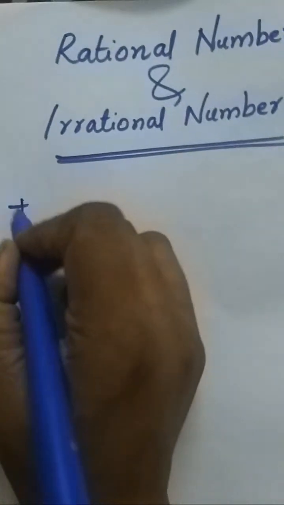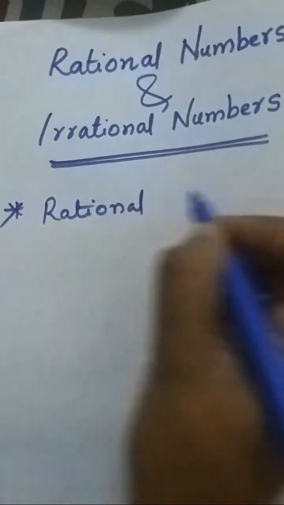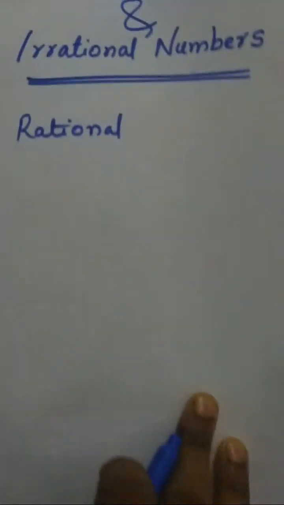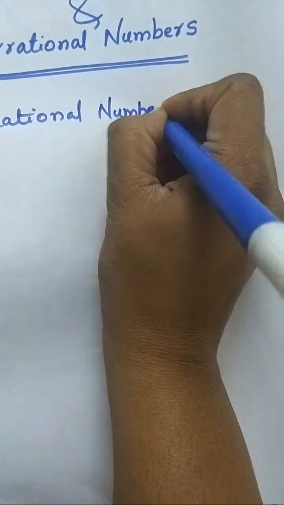First of all, we have to know the difference between rational and irrational numbers, so that we can easily define which number is irrational and which number is rational.